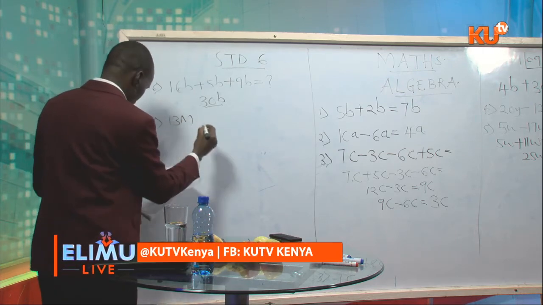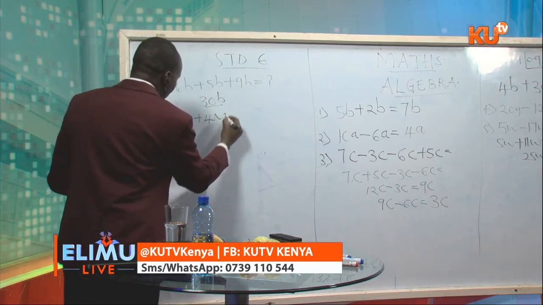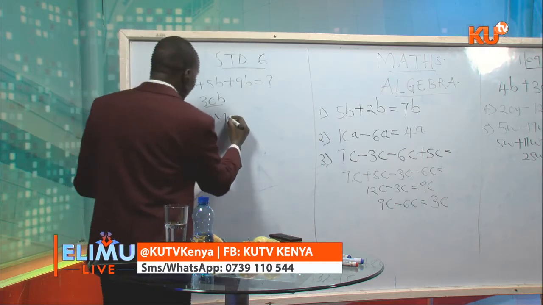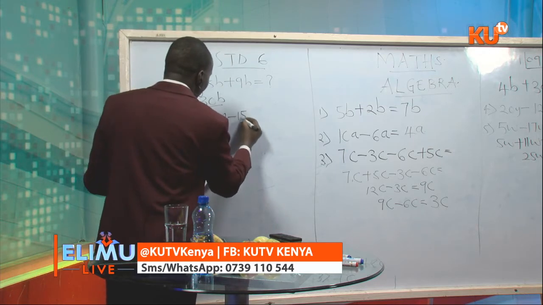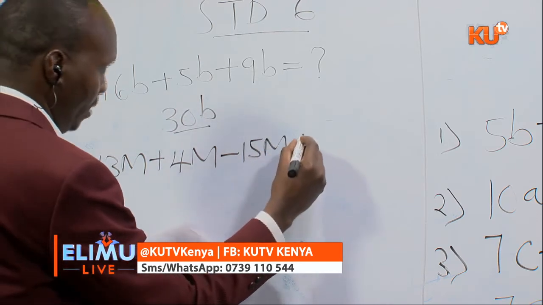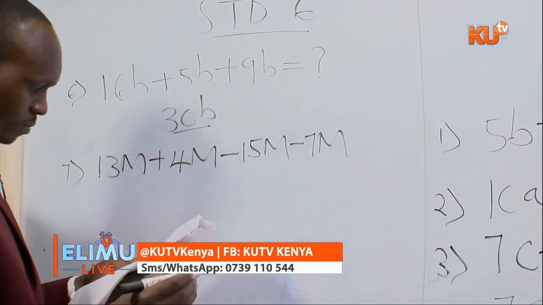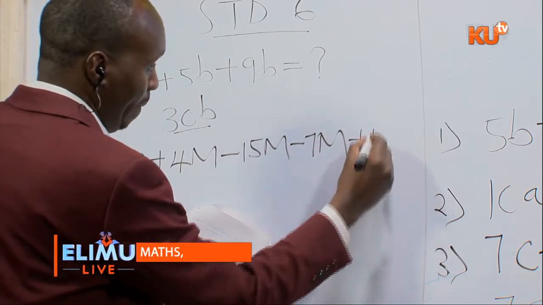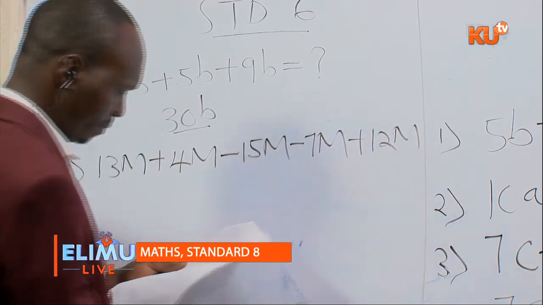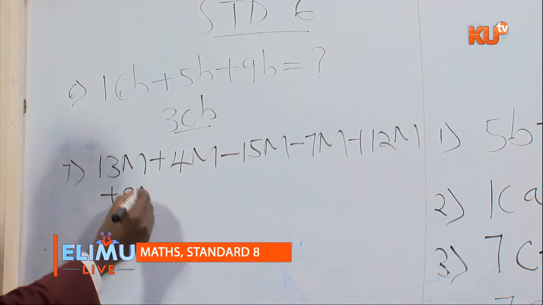13M plus 4M, take away 15M, take away 7M, plus 12M, plus 9M.